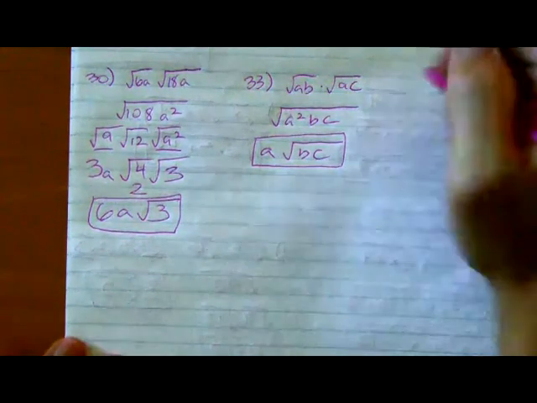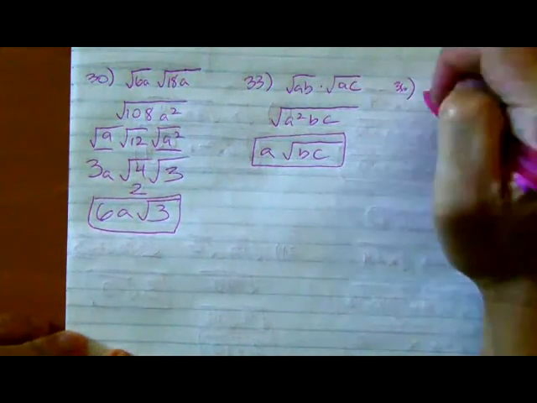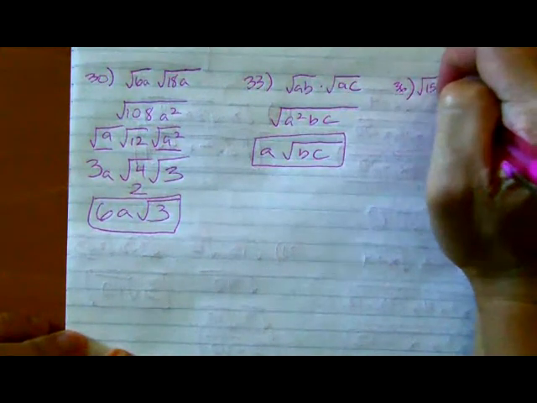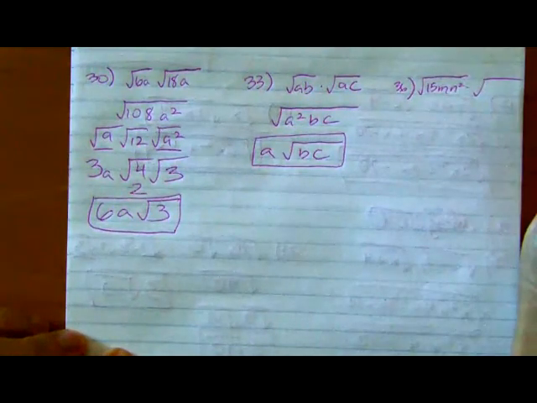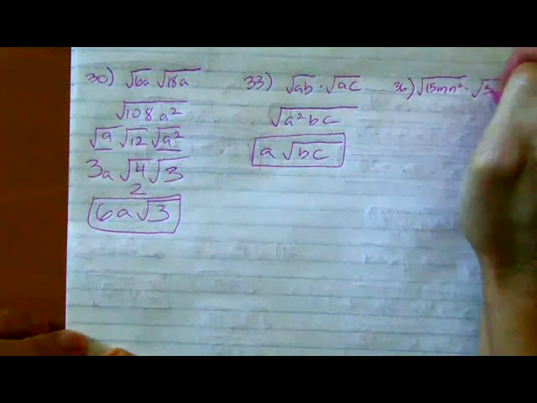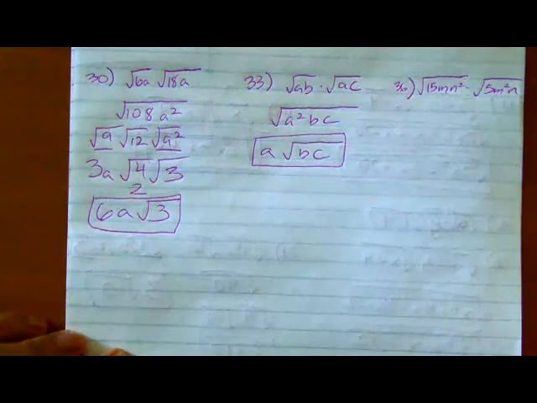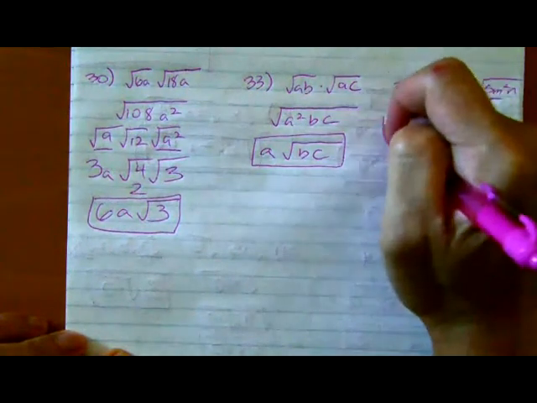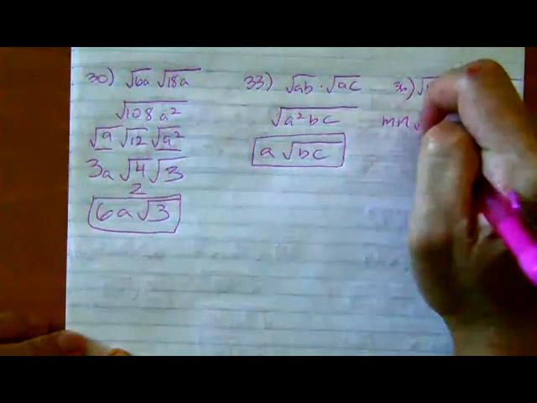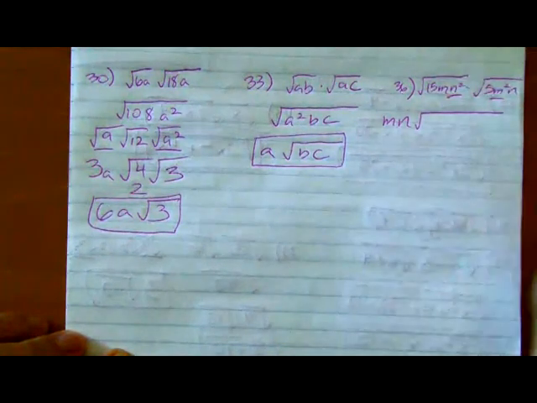Number 36. Radical 15mn squared times radical 5m squared n. Okay, I'll square root what I can. The n squared and the m squared. That would be m and n. Let me multiply the rest. 5 times 15 is 75.